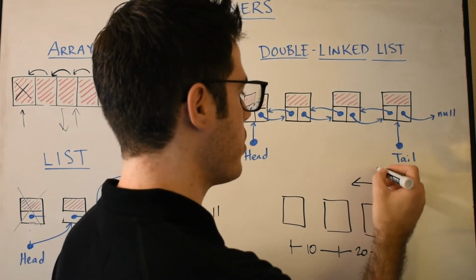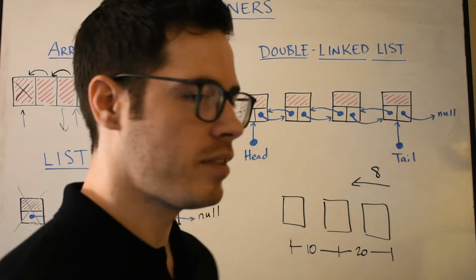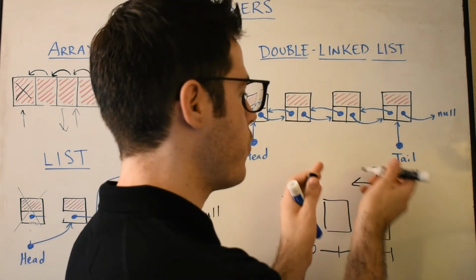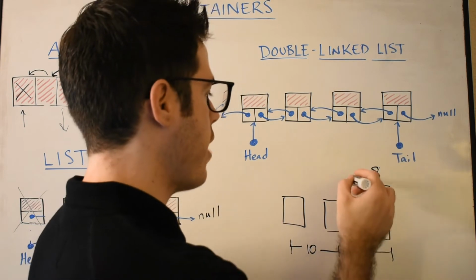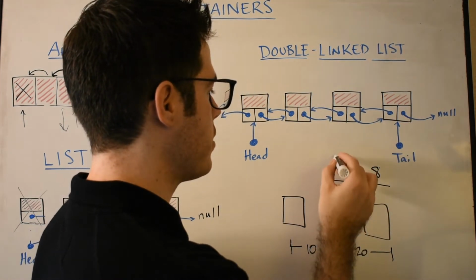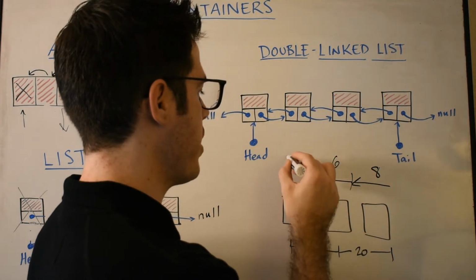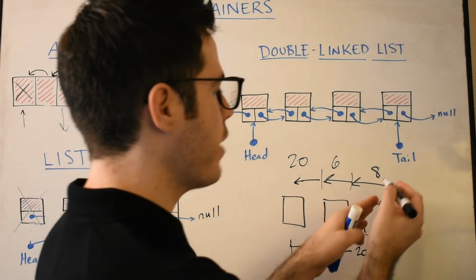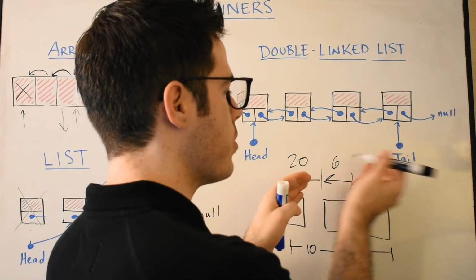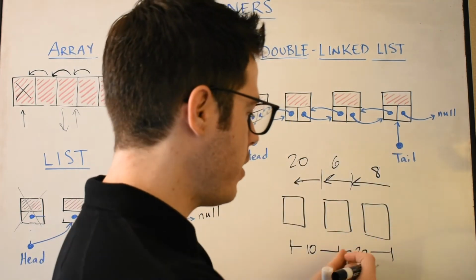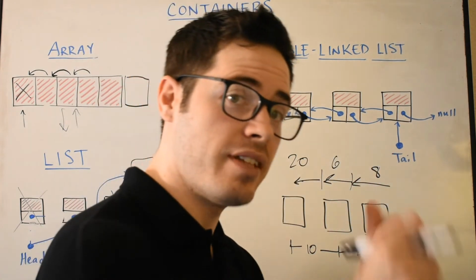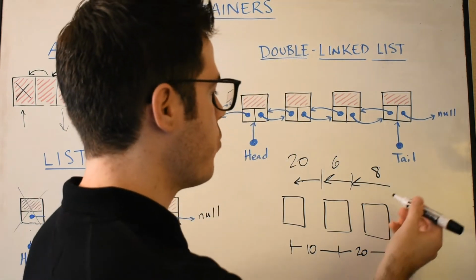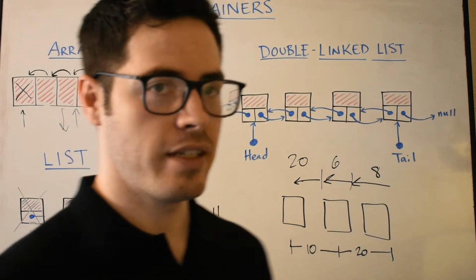So we might go backwards and we might have 8 milliseconds between frames, the first frame as we're going backwards. And then after that frame, we might go 6 milliseconds. And after that frame, we might go 20 milliseconds. And so because the actual frame rate while we're going backwards is different than the delta time between frames back when we saved it, then we're going to have slightly inconsistent results.